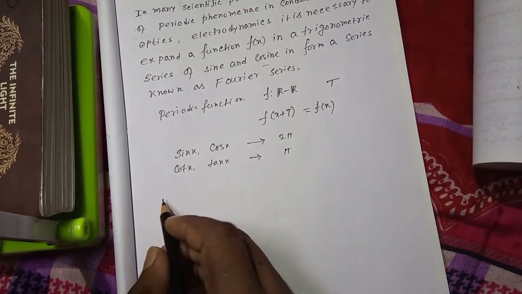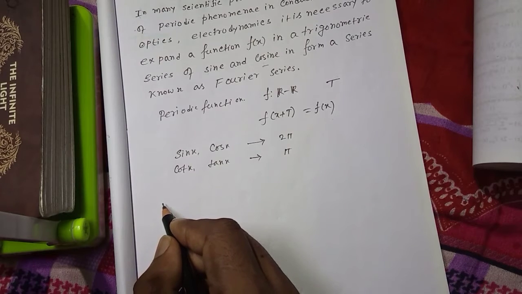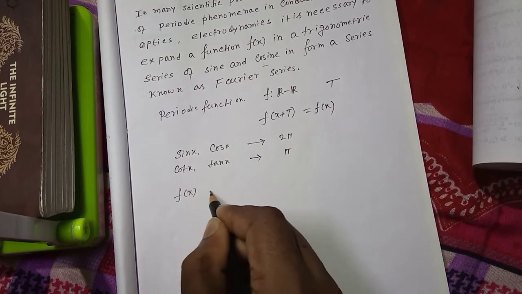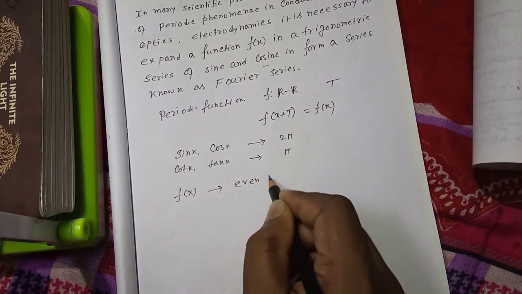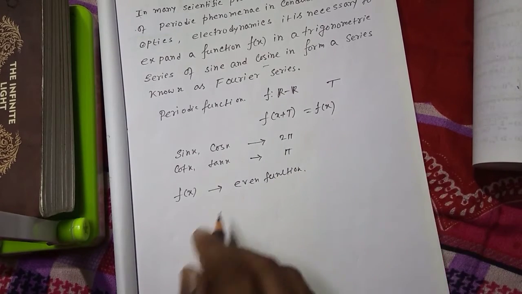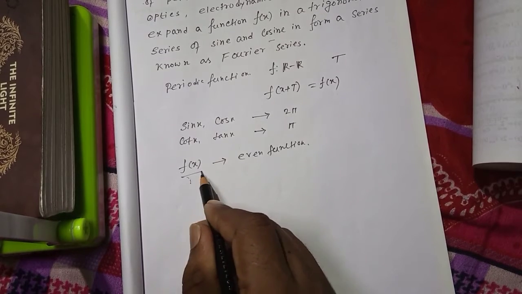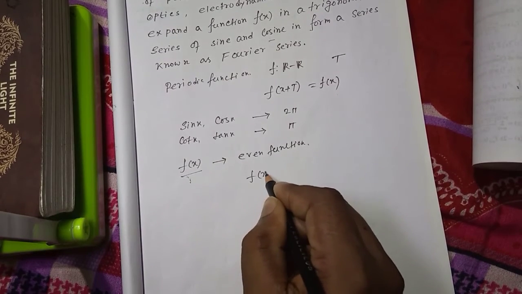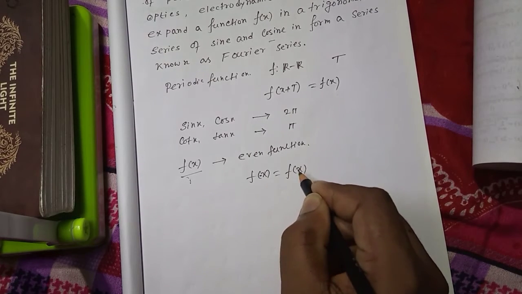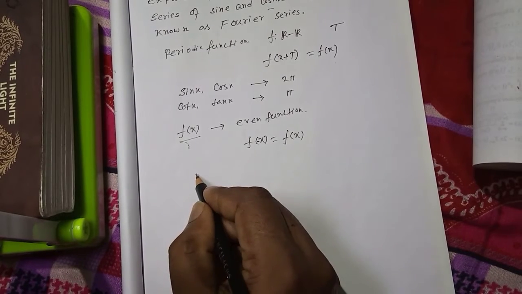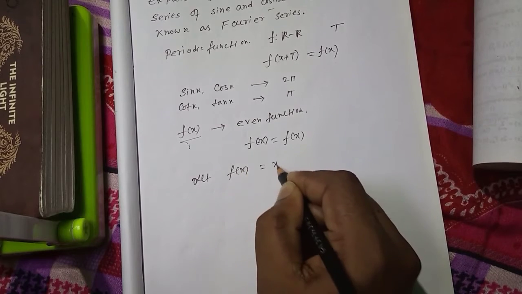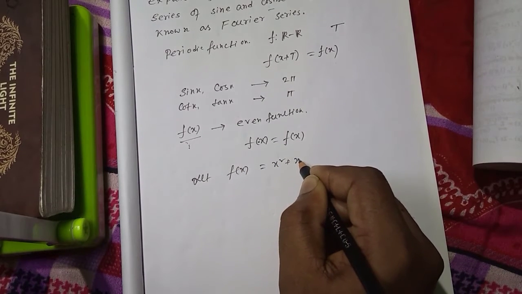You also need to know even functions and odd functions. A function f(x) is said to be an even function if f(-x) = f(x). Let f(x) = x² + 4.